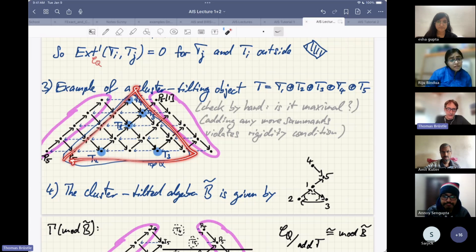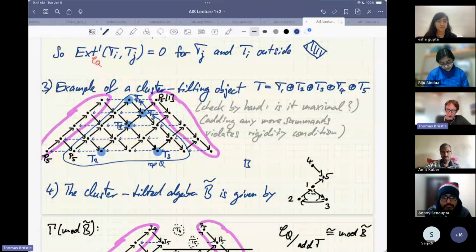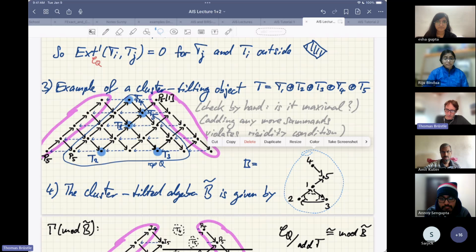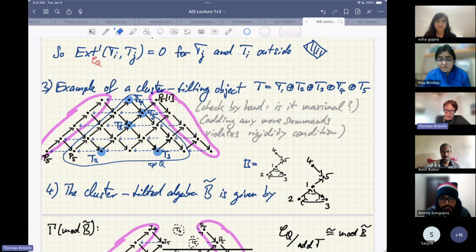So in that case, B, the tilted algebra, would be given by the same thing. However, we do not have this last arrow. So that would be the tilted algebra, B.